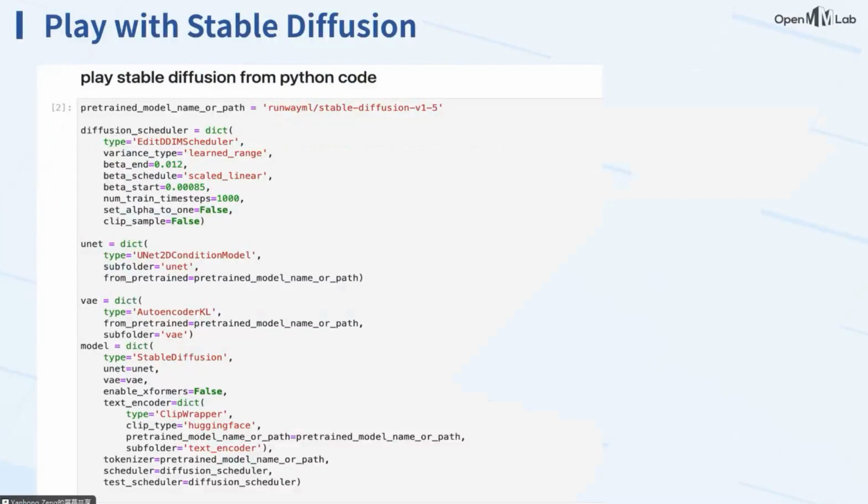We use the DDIM scheduler, and we set the parameters in this dictionary. And also we need to define the UNet structure, the VAE structure, and then we need to pass all these parameters into the model directly.